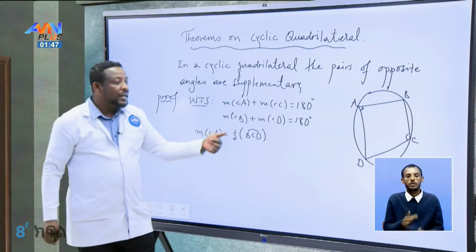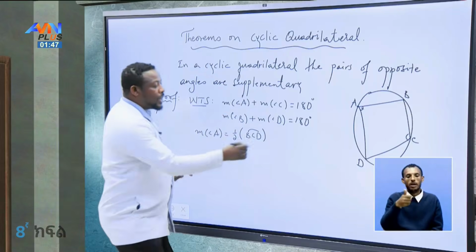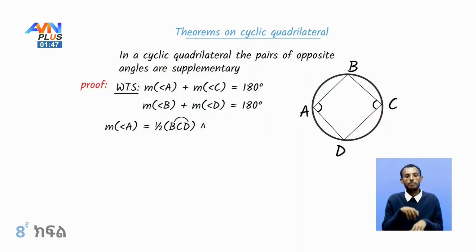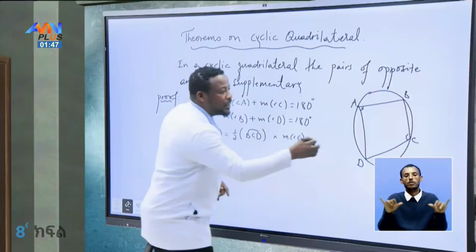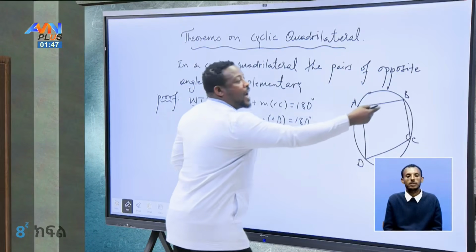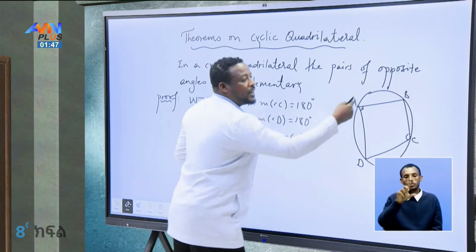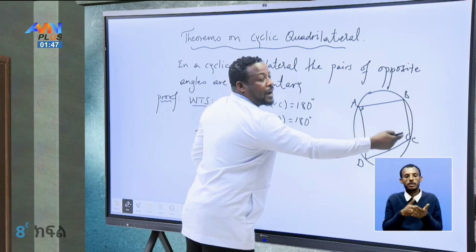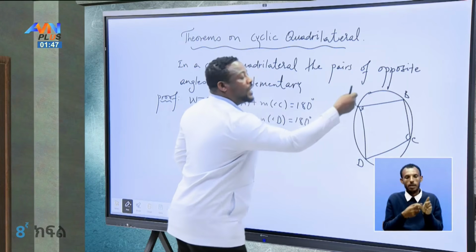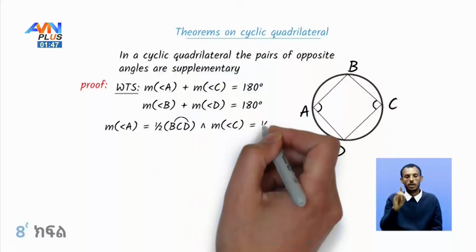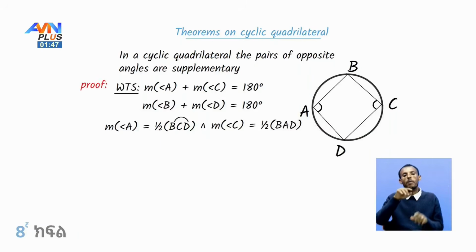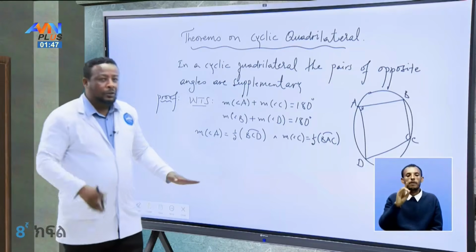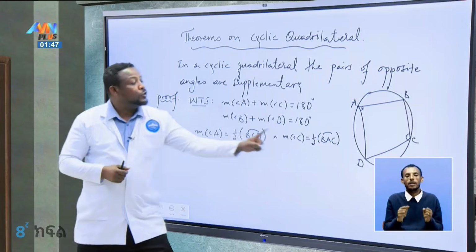This is angle A. At the same time, the measure of angle C is half of the arc subtending it. This inscribed angle is subtended by BAD, so it is half of the measure of BAD. Now you can directly add these two angles.